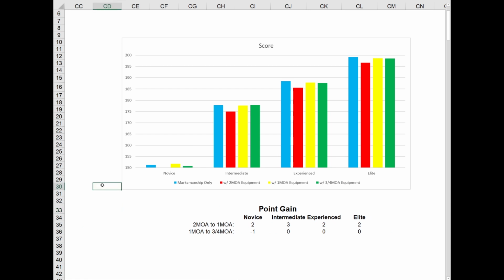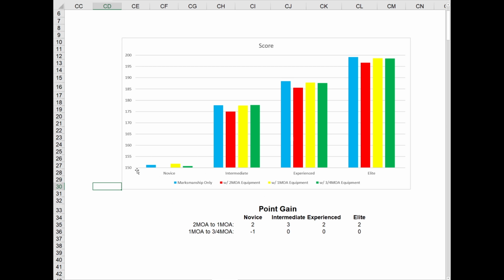So here's a chart that plots again the 4 data sets, the marksmanship only, and now if you add in 2 minute of angle equipment, 1 minute of angle equipment, and then 3/4 minute of angle equipment, and what that means in terms of score.